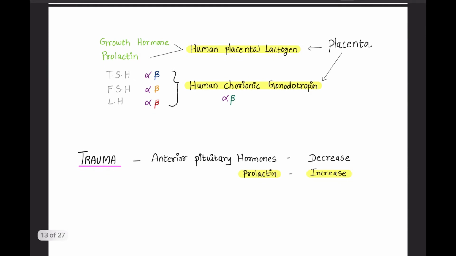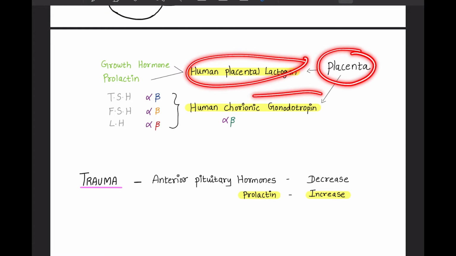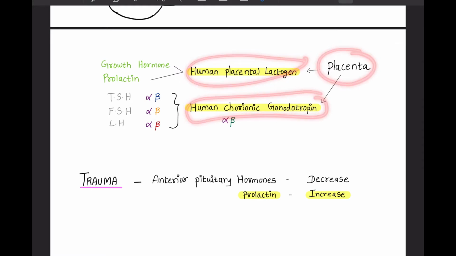So with the help of the different beta unit, you can differentiate these hormones in this family. So the placenta produces human placental lactogen and human chorionic gonadotropin during pregnancy.